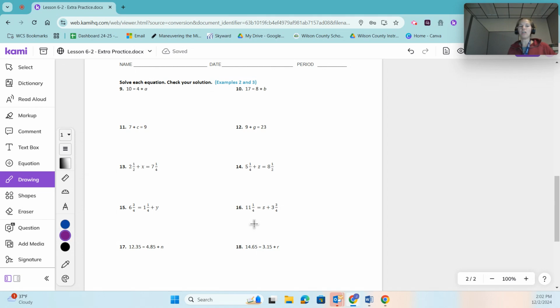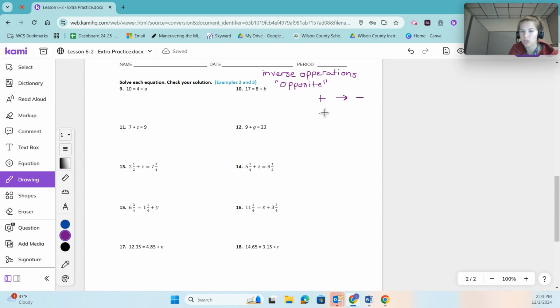Okay, so in order to solve addition equations, we are going to use what they call inverse operations. Inverse operations. And what that means is the opposite. You're going to use the opposite. Okay, so the opposite of addition would be subtraction.